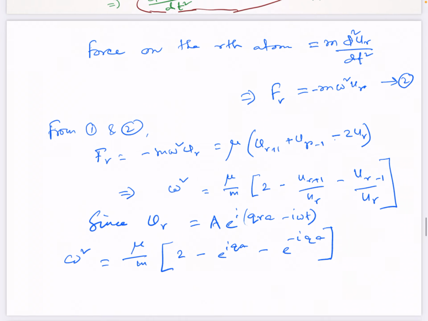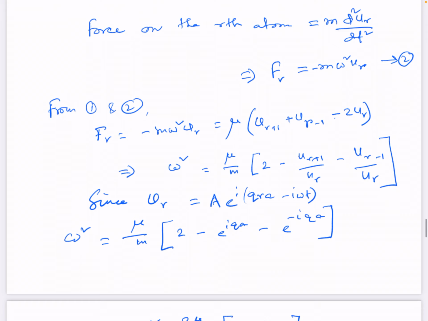So from this we can determine omega square, which equals mu by m times 2 minus u_(r+1) by u_r minus u_(r-1) by u_r. So what we find here is a relation between the frequency and the displacement of the neighboring atoms of the rth atom.